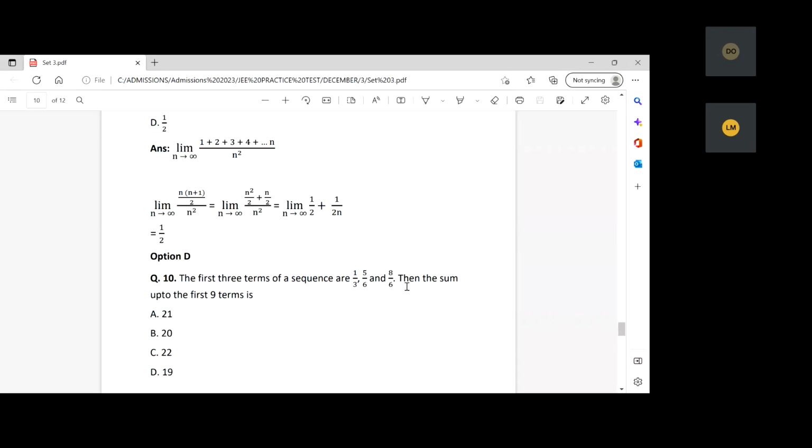The first three terms of a sequence 1 by 3, 5 by 6, 8 by 6, sum up to first 9 terms is. I'm waiting for at least one or two of you to type the answer in the chat box, then we can discuss.